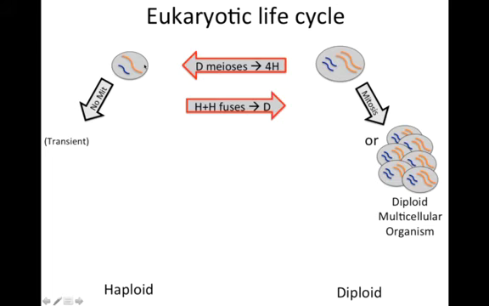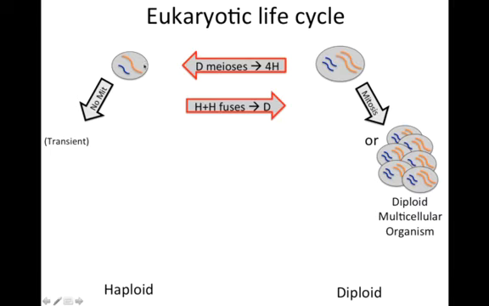As I mentioned before, and as you may or may not have learned before, sperm cells and egg cells, after they undergo meiosis, do not undergo further mitoses. And so basically what we mean is that this is a transient stage, right? So the haploid stage here does not undergo further mitoses, but immediately undergoes fusion.